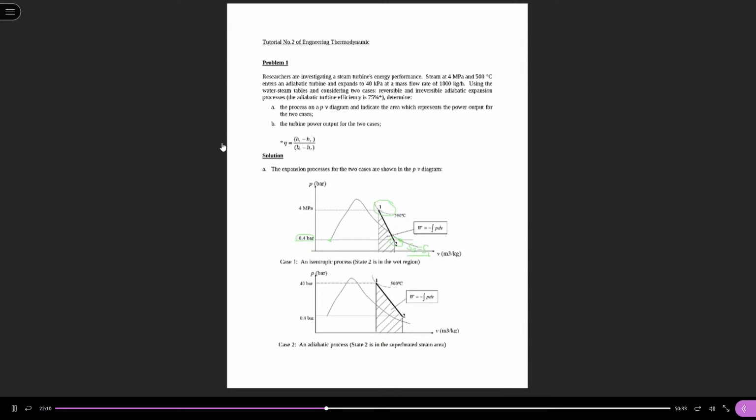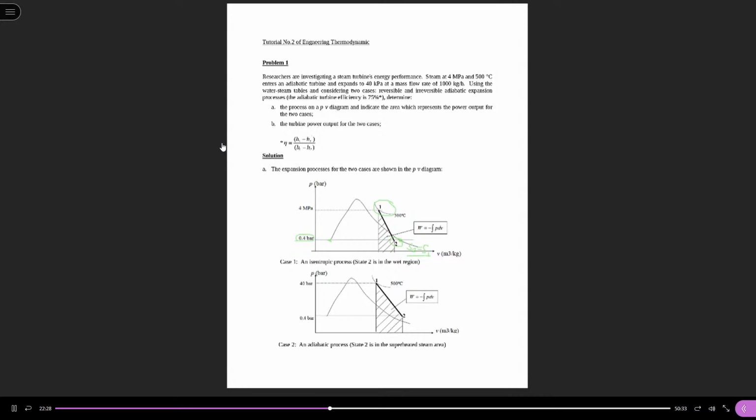Following the first law expression for an open system, the work output is equal to the change of enthalpy.